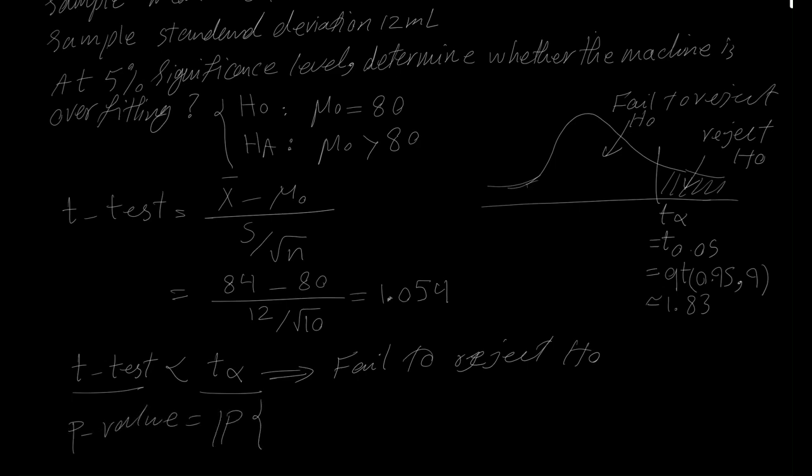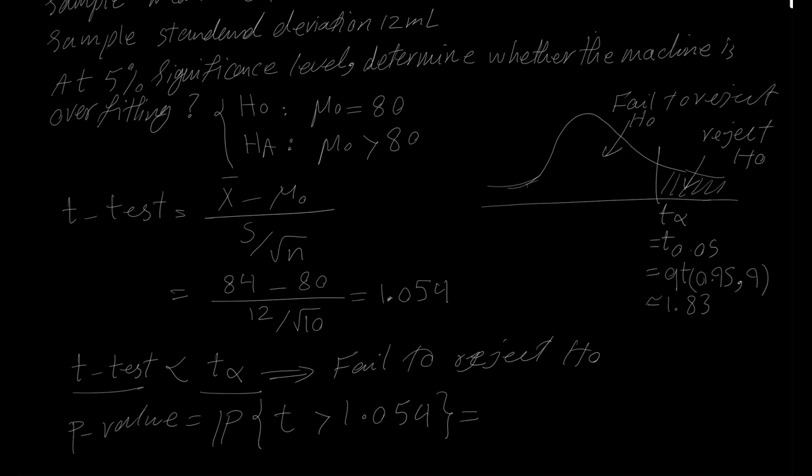And p-value is the probability of all random variables greater than this test statistic. The statistic is here, and I want to see what is the probability of t greater than 1.054.